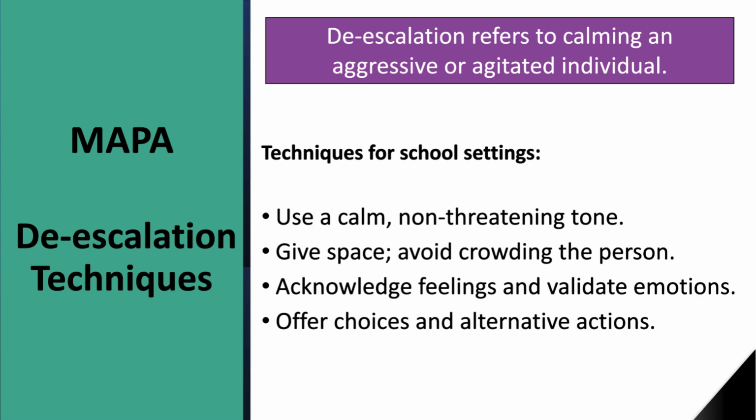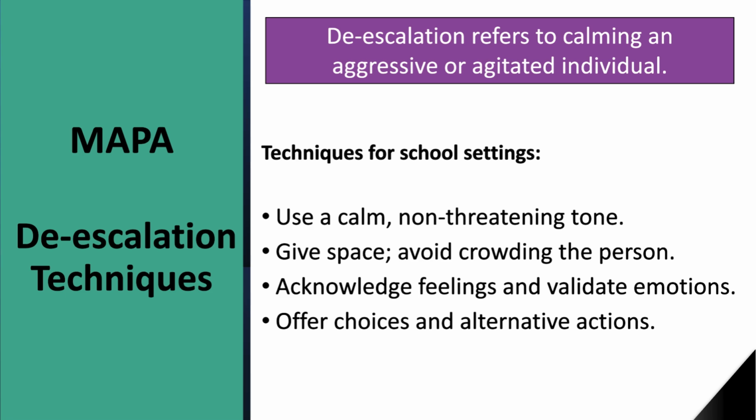De-escalation techniques. De-escalation is the process of calming down a person who is showing signs of aggression and distress. In a school setting, the goal is to diffuse the situation before it leads to violence or further disruption. Here are some effective de-escalation techniques. Number 1, use a calm, non-threatening tone.